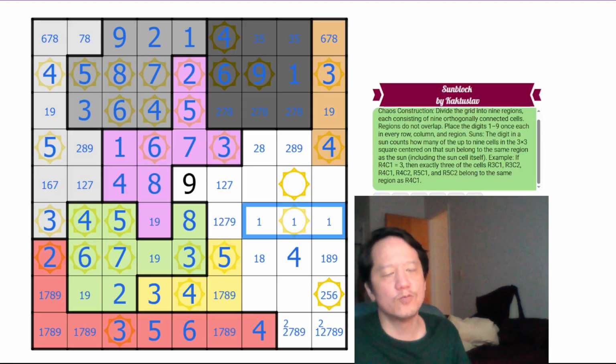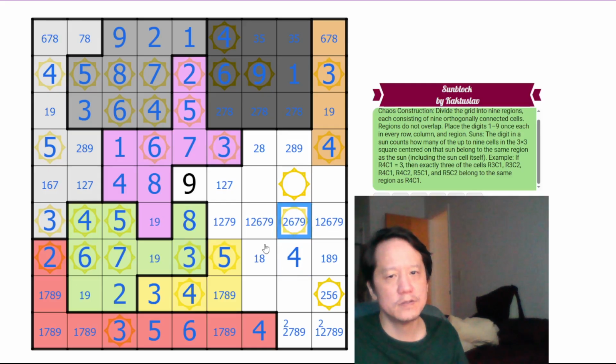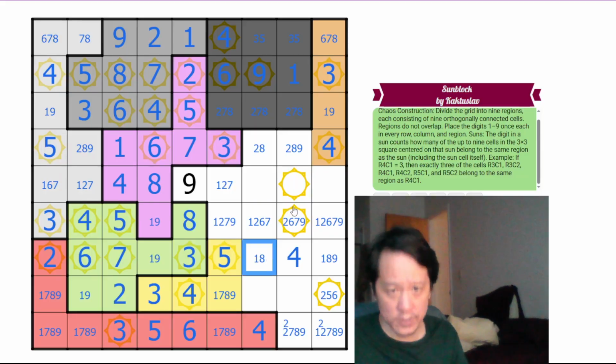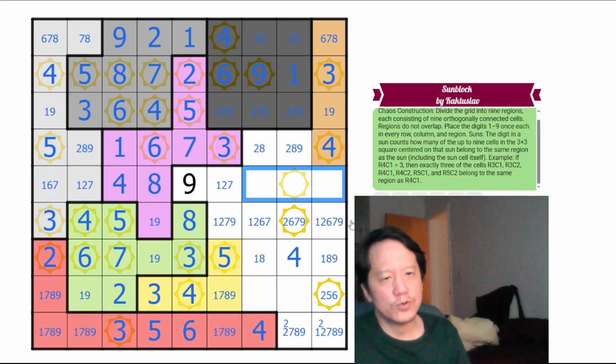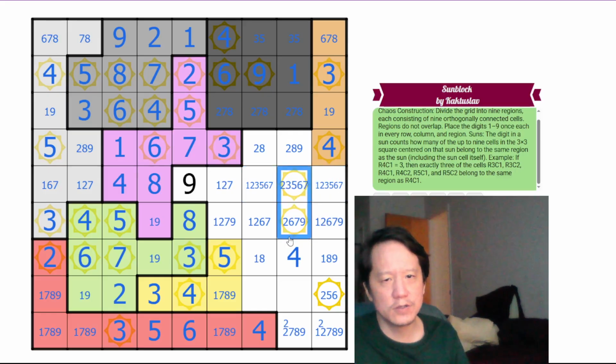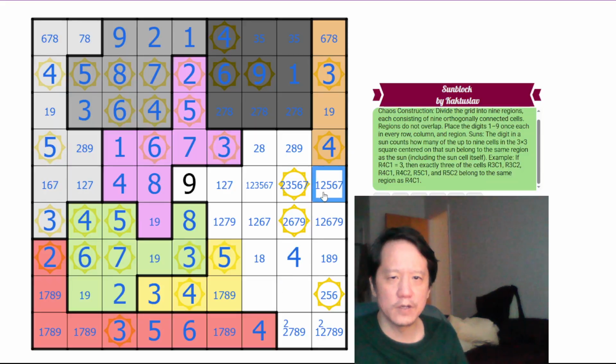We have 1, 2, 6, 7, 9. This obviously can't be 1. No 9 here. Remaining digits of row 5: 1, 2, 3, 5, 6, 7. No 1 here. No 3 here. Okay.